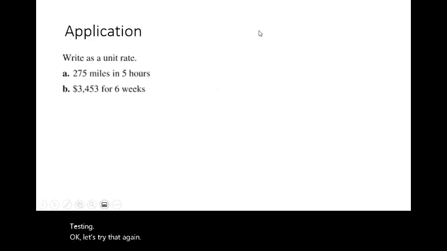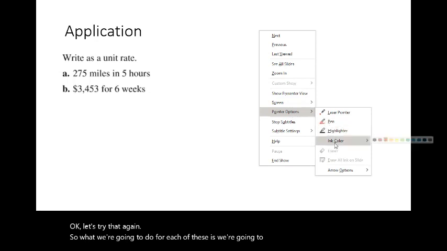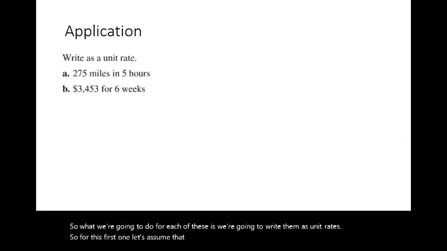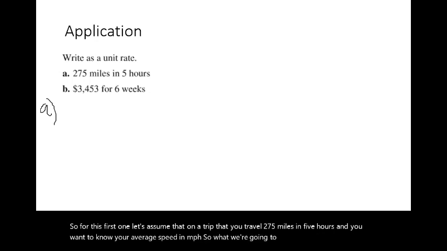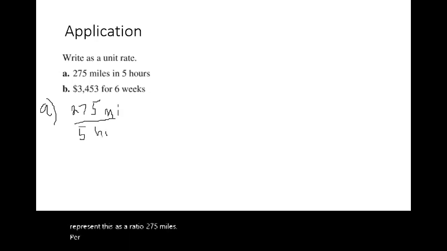So what we're going to do for each of these is write them as unit rates. For this first one, let's assume that on a trip you traveled 275 miles in 5 hours, and you want to know your average speed in miles per hour. We're going to first represent this as a ratio, 275 miles per 5 hours.